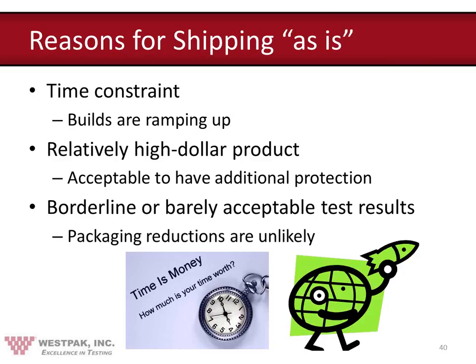Second item is that maybe we're just going to ship as is because we have a relatively high dollar product. What that means is that it's acceptable to have additional protection and, quote-unquote, packaging waste, because you may not sell that many of these types of products to begin with.